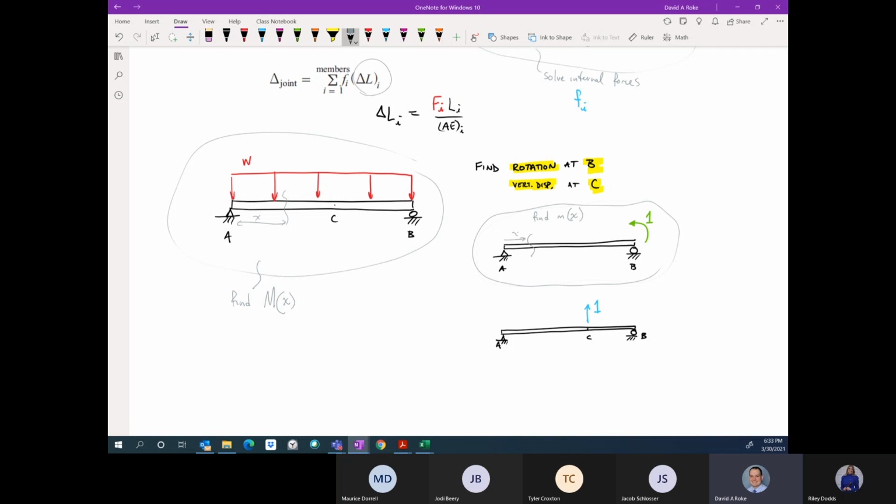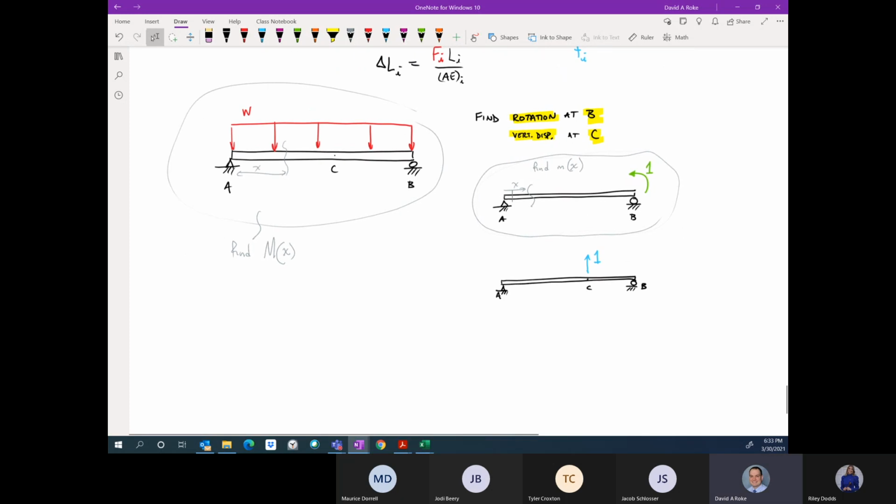We're going to cut the beam at some position x and find the internal moment, lowercase m, because that is the virtual moment. It's not coming from a real load. Here, if we were doing this one, we would have two functions. M1 of x over here and M2 of x over here. Because those moment functions will be definitively different.